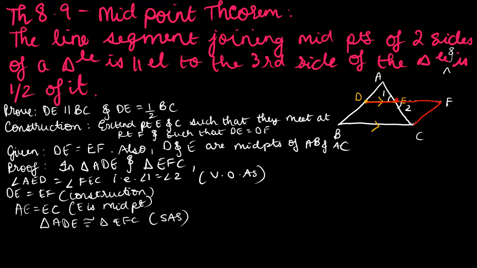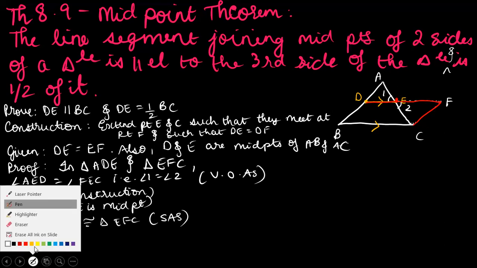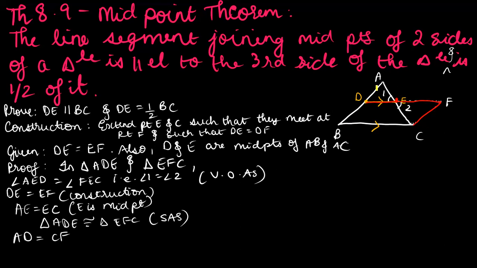Also, why did we prove that these two are congruent? Because we want to say by CPCT that AD is equal to CF. Where is AD? Where is CF? Let me highlight that for you. AD is equal to CF.